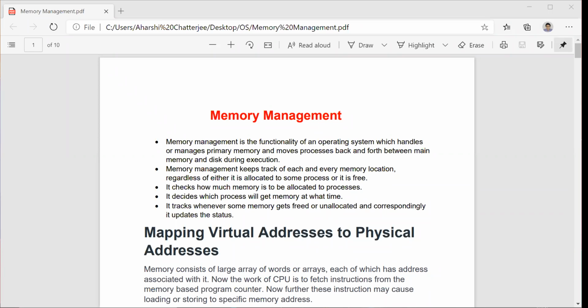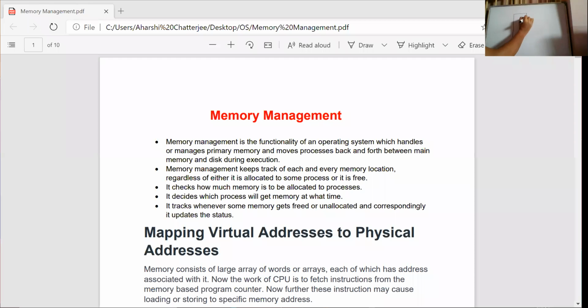Next, there are some additional responsibilities that an operating system has to perform when it is managing memory. Memory management keeps track of each and every memory location. If we see the structure of a primary memory, you will find that it looks like this.